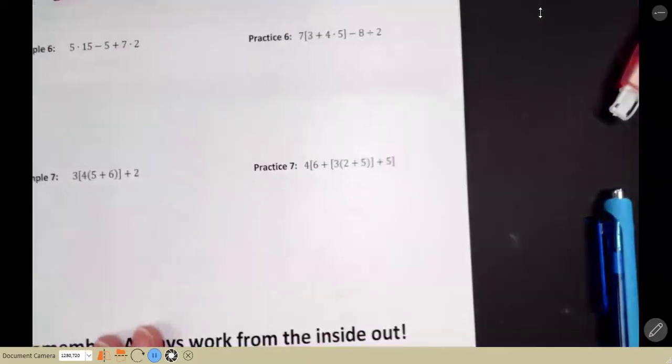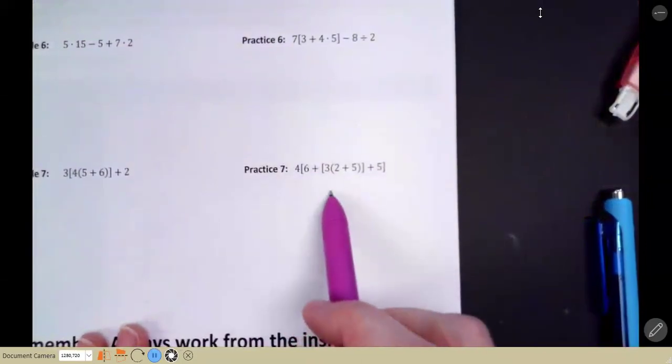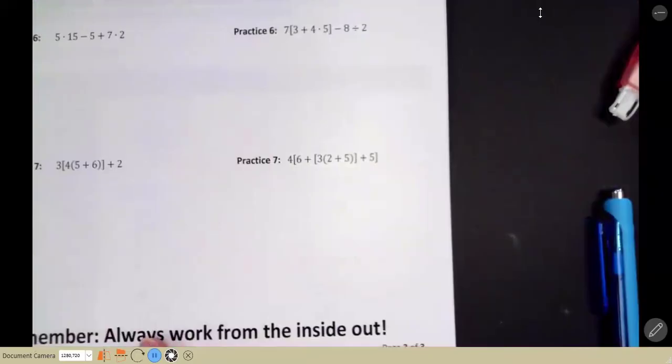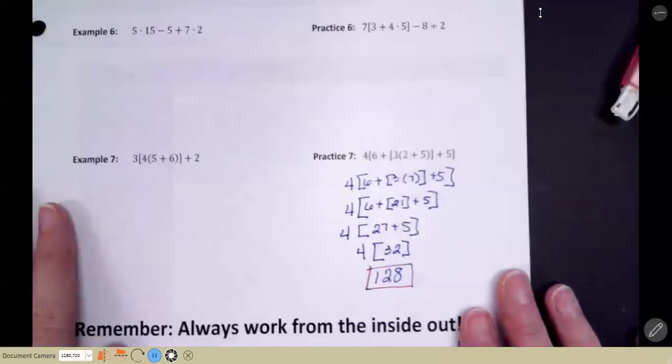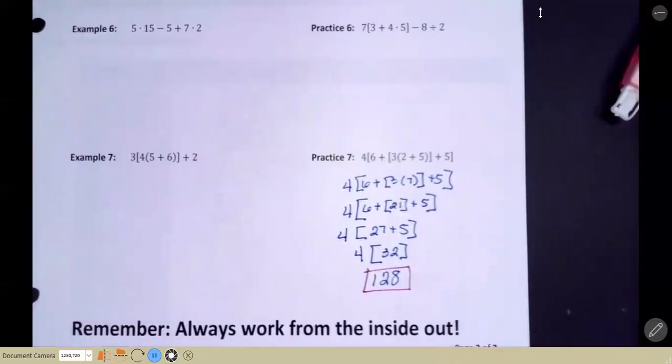Okay, we're going to do one more, and that is going to be practice 7. We're going to do practice 7 right here. I'm going to pause the video, and when we come back, we'll show the answer, and then we will be done. And here is the answer to practice 7.